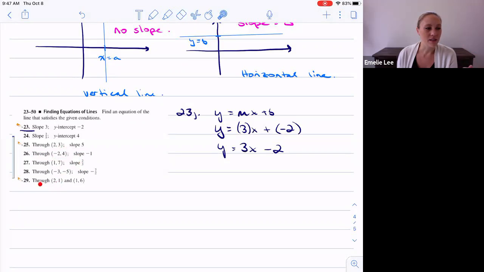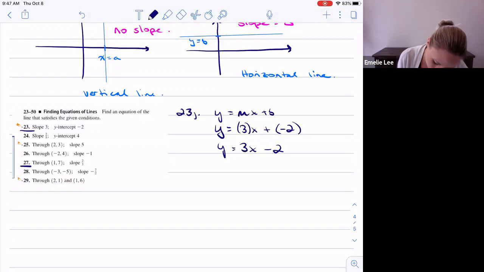And then finally, in 29, you're just given 2 points, but you can use those 2 points to find the slope. And then you can use the point slope form because you have 2 points to choose from. You only need 1. All right, so you can use these to find the slope, and then you can find the line using the point slope form.